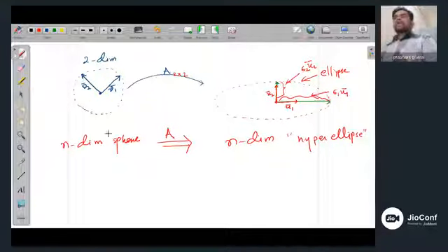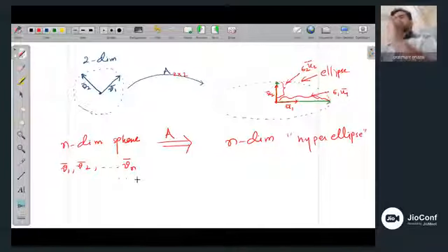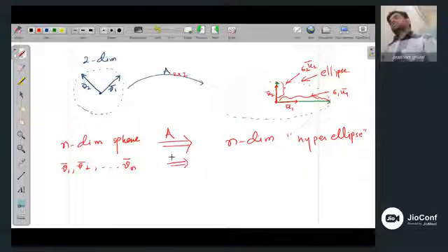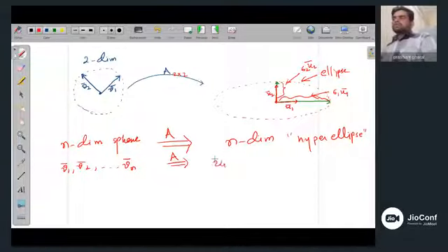So in the n dimensional sphere, you have some vectors v1, v2, up to vn, orthogonal vectors. These orthogonal vectors, by applying A onto them, will be changed to other orthogonal unit vectors, that is u1, u2 up to un.